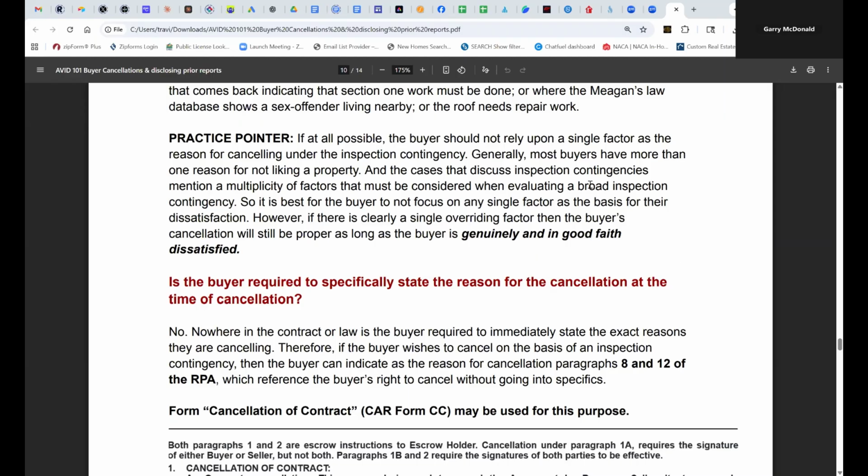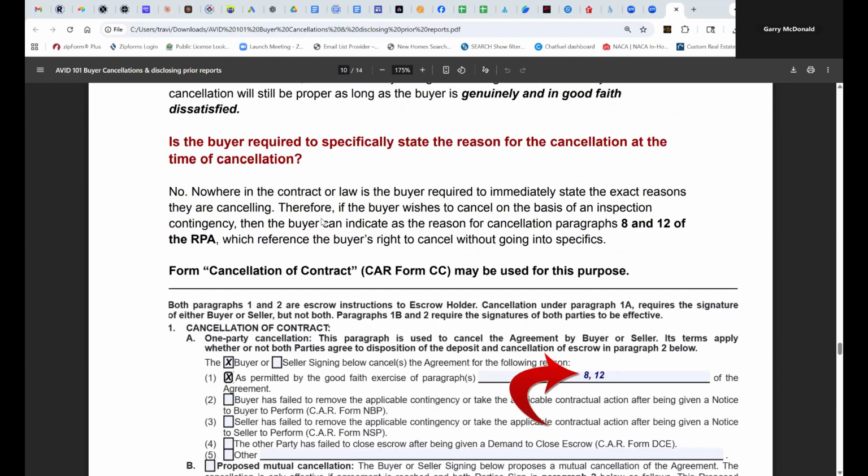And to clear that up, well, actually, we'll go here. So is the buyer required to specifically state the reason for the cancellation? And that's no. They may have a multitude of reasons, or they may have one reason, whatever it is. That's not what we're putting on the cancellation form. We're just referencing which contingency we're using to cancel in good faith.